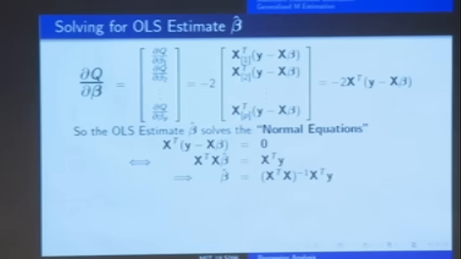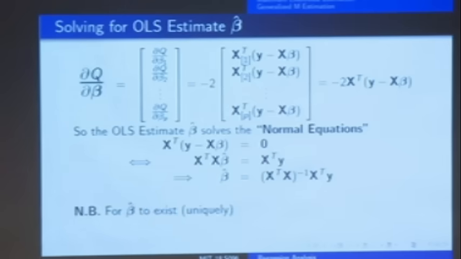And if x transpose x inverse exists, we get beta hat equal to (x transpose x) inverse x transpose y. So with matrix algebra, we can actually solve this. And matrix algebra is going to be very important to this lecture and other lectures. So if you're a bit rusty on this, do brush up.